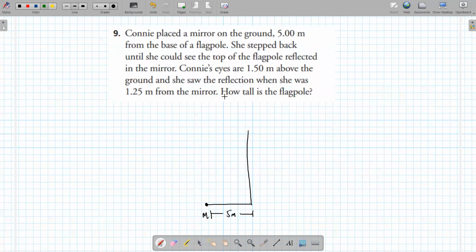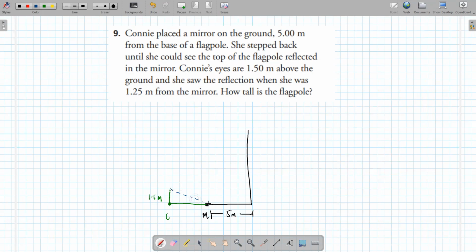And then she steps back until she could see the top of the flagpole reflected in the mirror. So from here, she's stepping back. She's somewhere here. We don't know the distance, but we do know that her eyes are 1.5 meters off the ground, and she's looking at this mirror.